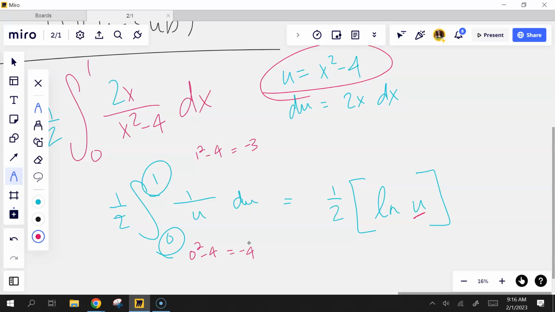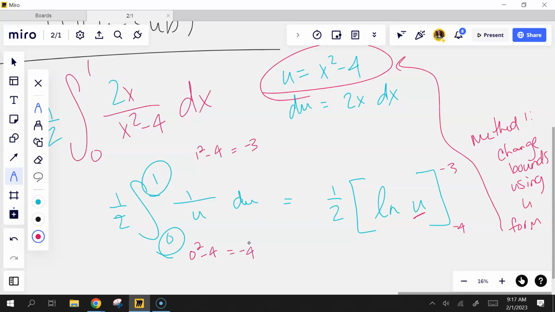Because in here I don't have an x anymore. This is option 1, method 1: change the bounds using your u formula that you came up with. Same formula, but here.